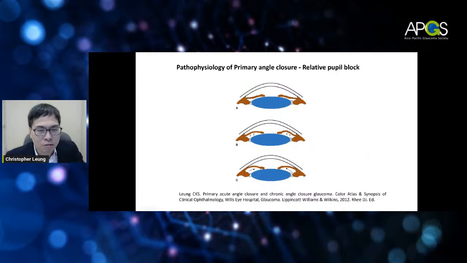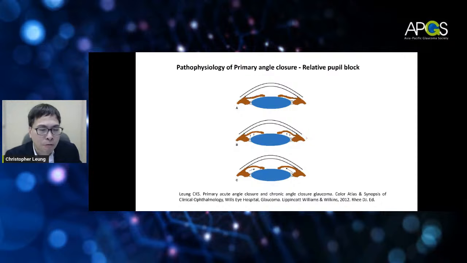When we have an increase in resistance between the pupil margin and the lens, the aqueous accumulates behind the iris, creating an upward force pushing the iris anteriorly. And this creates the closure of the anterior chamber angle. The aqueous can no longer drain into the TM, and this is how the pressure goes up.